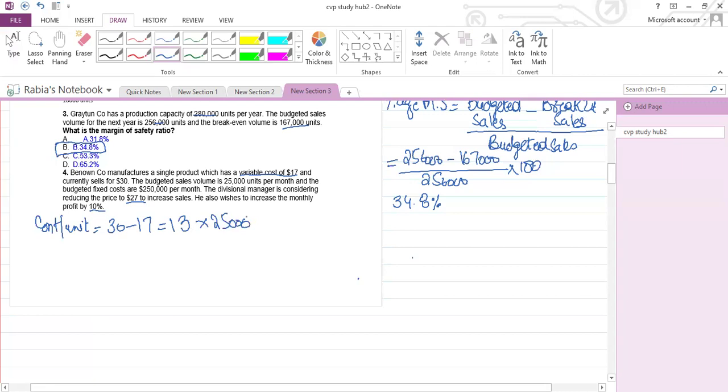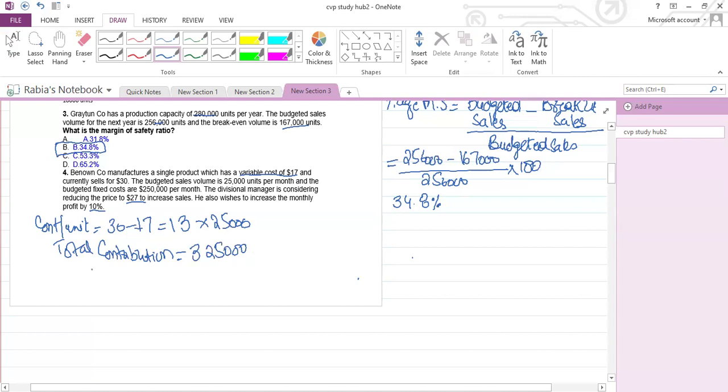You will get total contribution. Your total contribution is 325,000.